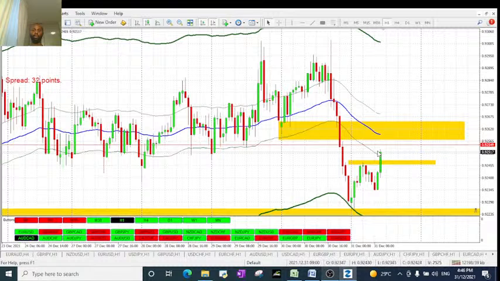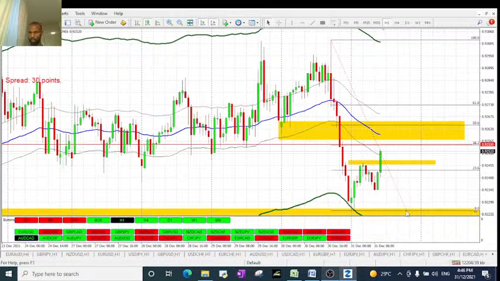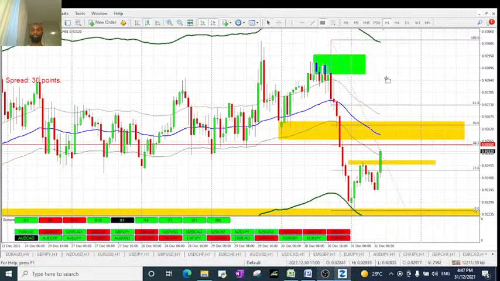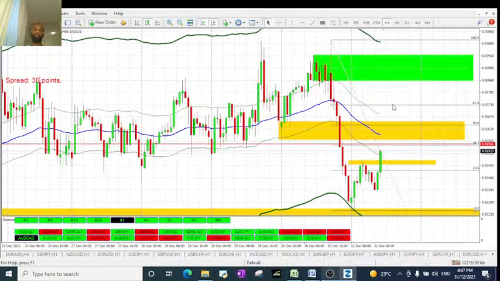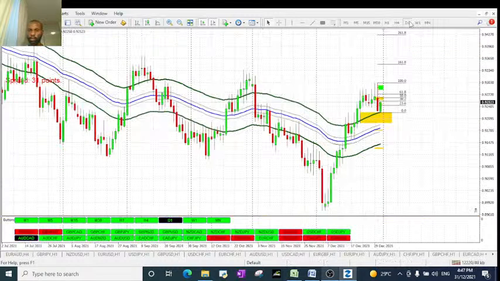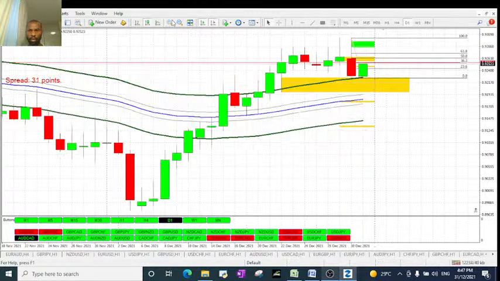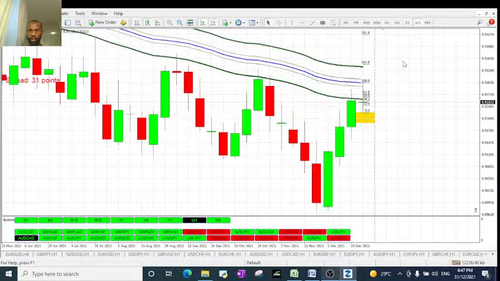Okay, Australian is pushing up. Yeah, if we push into this zone, we will be taking sales. The thing is, is daily range or trending? Daily is... let's look at weekly.